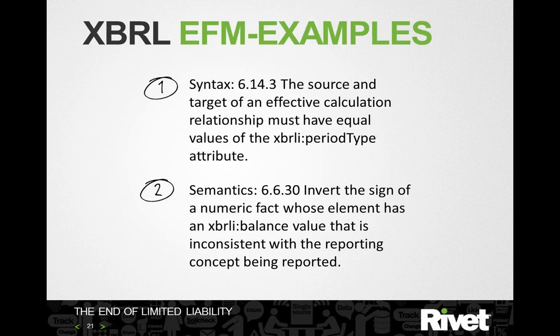If you had accumulated depreciation on your balance sheet and it was represented negatively with brackets around it, but the element had a balance type of credit, as Campbell talked about with the negative values, you'd want to make sure that you enter this value as a positive in the instance document so that it's properly reflected as a credit. So there's some human input a lot of times involved with some of these, and not all the EFM validation tools are going to catch these types of items. And so with that, I'm going to bring it over to Campbell, who can talk a little bit more about some other validation.